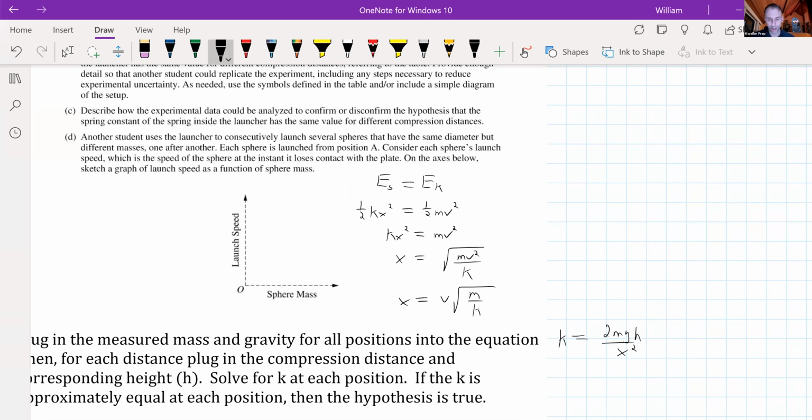You didn't have to be like, oh, square root of v comes out, just so you know. So now I have x in terms of v, or you could also solve v in terms of x. If I simplify that, x is the square root of k over m.